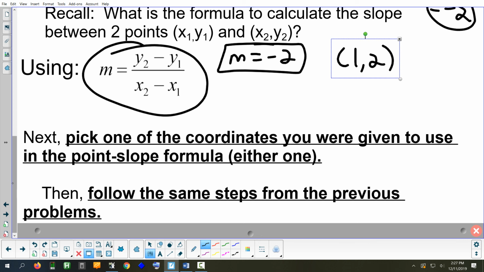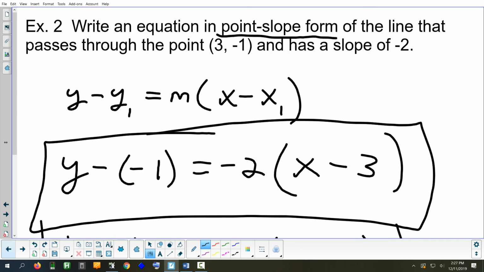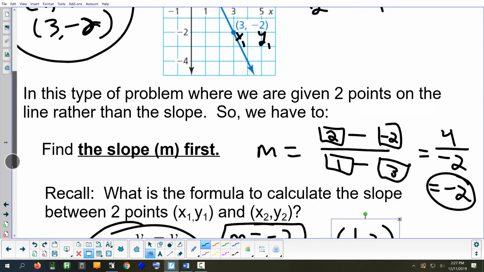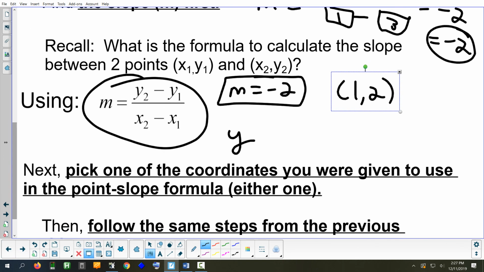Think back to our formula. Look at your steps. Would it be like x equals 1? Y. So we're looking for that. This is the first thing we write. Y. Okay, so write down Y.